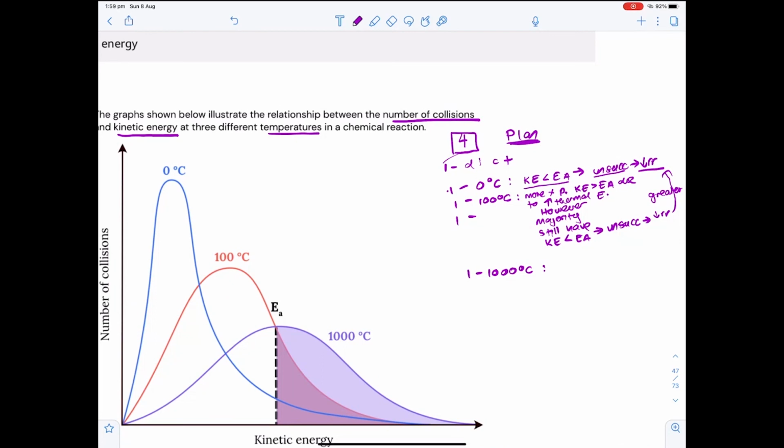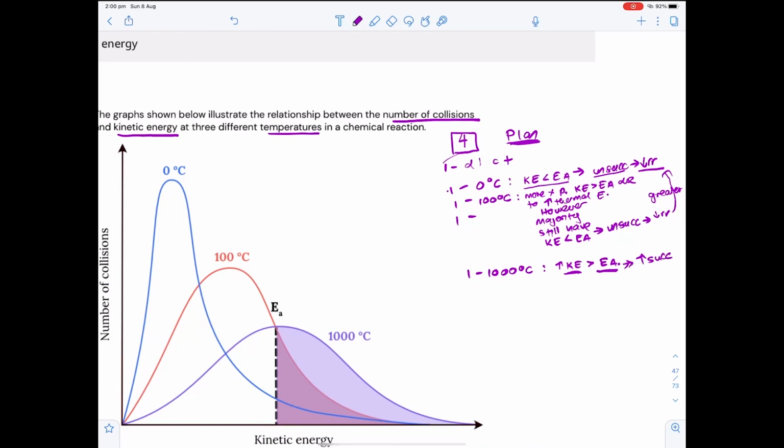There's more kinetic energy, like higher kinetic energy, that's greater than the activation energy. There's an even greater proportion. You can say even about approximately 50%. So approximately half of the particles now have kinetic energy greater than the activation energy. What does that do to the number of successful collisions? It increases.